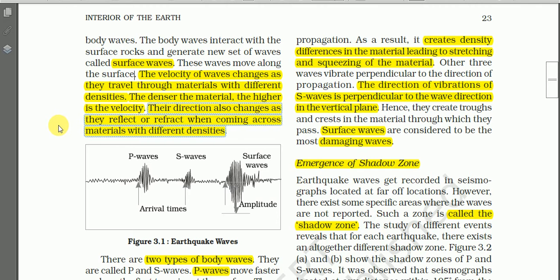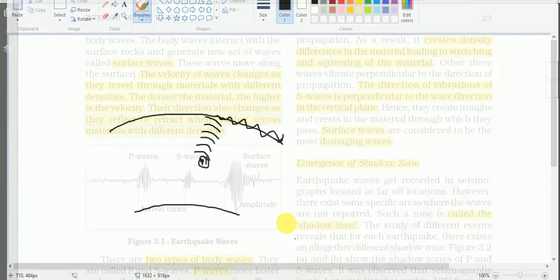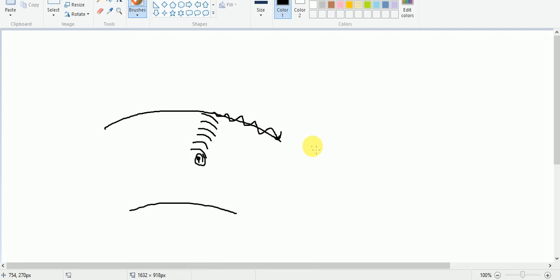So when earthquake waves move, their direction may change depending on the density of the material. See, this is the surface. Just let me give you this about reflection.